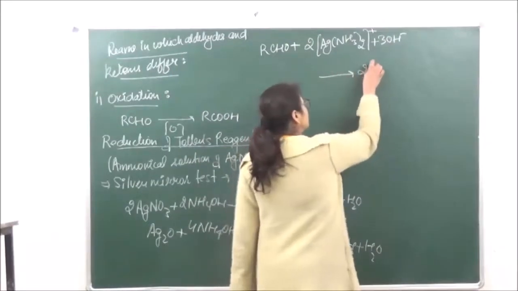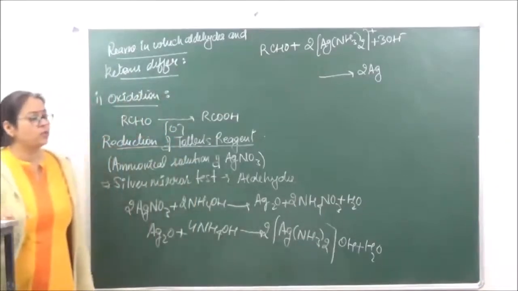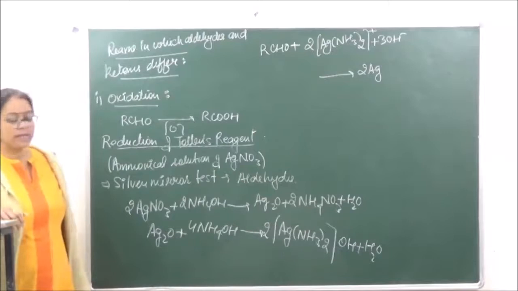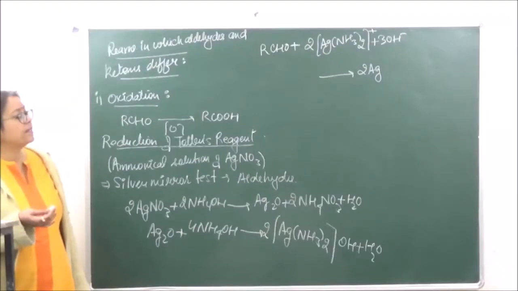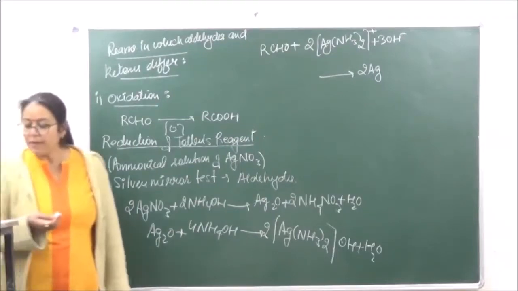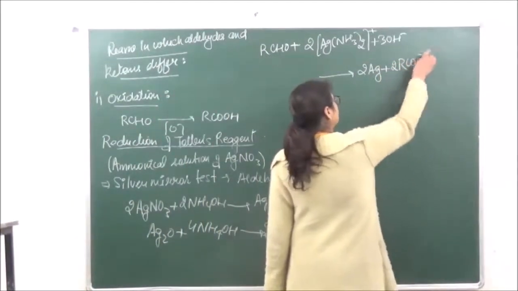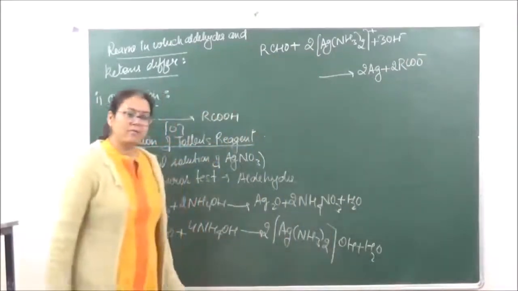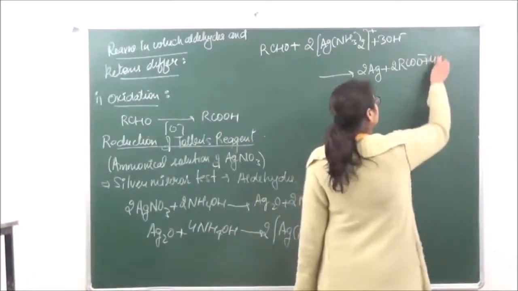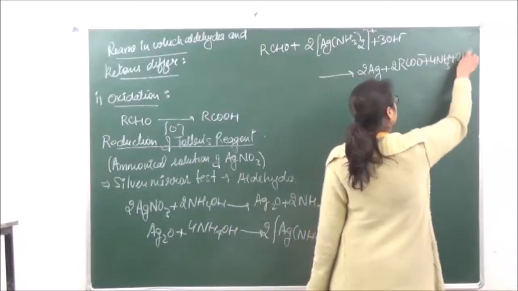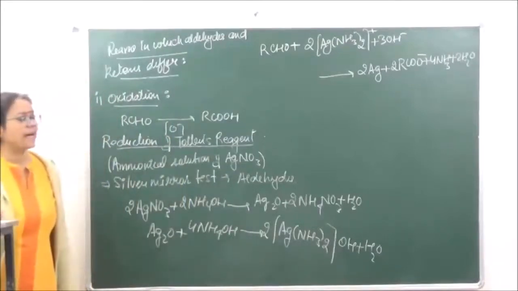We will see that we get a silver lining on the inner side of the test tube, which confirms that the sample given to us is an aldehyde. The aldehyde is converted to RCOO negative, and plus we get ammonia and water. So this is the reaction.